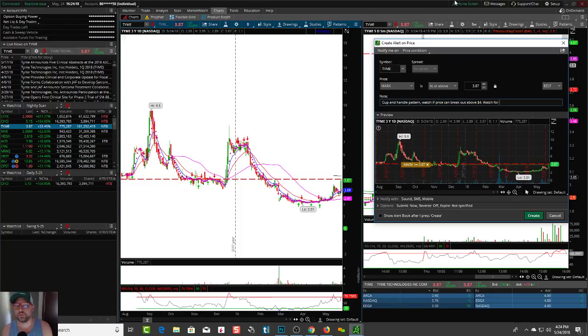Watch for resistance around the 200 SMA, 420s range. All right, cup and handle pattern. Watch if price can break out above $4. Watch for resistance around 200 SMA, 420s.